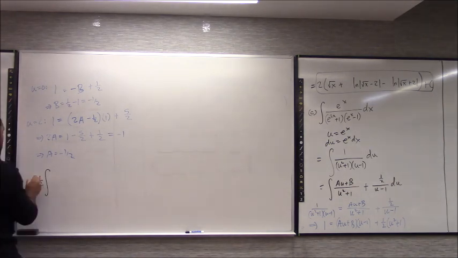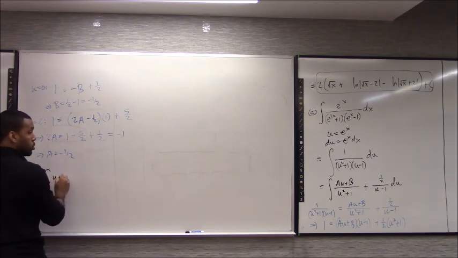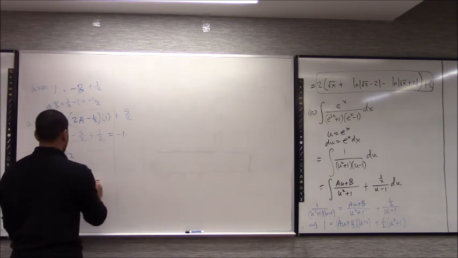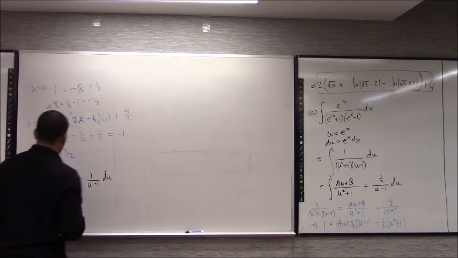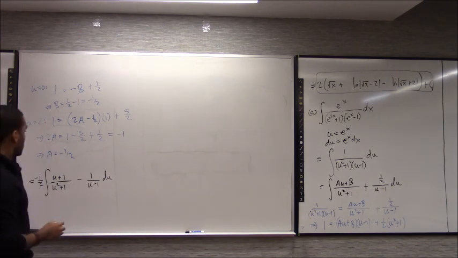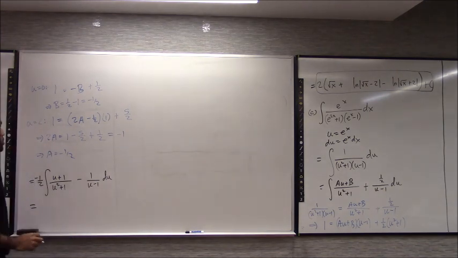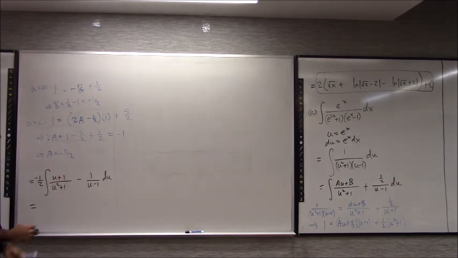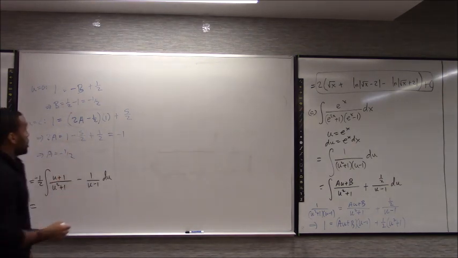Maybe even factoring out negative 1/2, I would end up with u plus 1 over u squared plus 1 minus 1 over u minus 1. Everyone agrees with these numbers? You guys got those? Minus 1/2, minus 1/2.